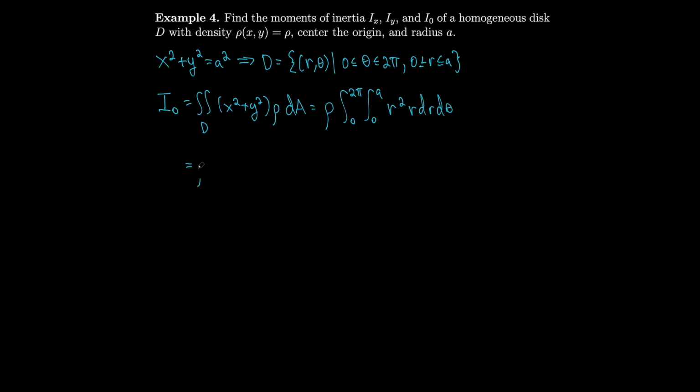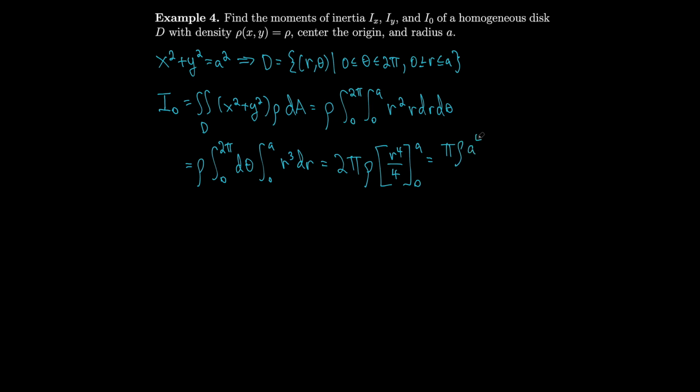So rho is still out. I can split my integral into the integral from 0 to 2 pi of d theta times the integral from 0 to a of r cubed dr, which is 2 pi times rho times r to the 4th over 4 from 0 to a, which is pi times rho a to the 4th over 2.